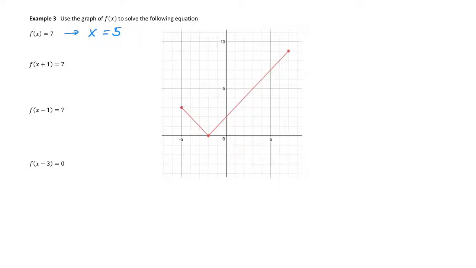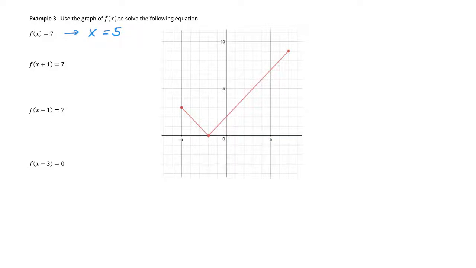But if you check out this next equation, it's really similar. There's a 7 over here, but I've changed the inside from x to x plus 1. How does this change things? So let's see. My y value is 7, which is still here. And if you go over to the function, the corresponding x value should be 5. But this is a little weird.